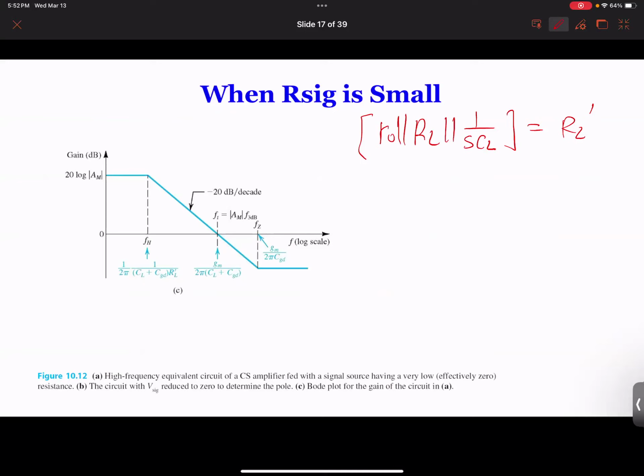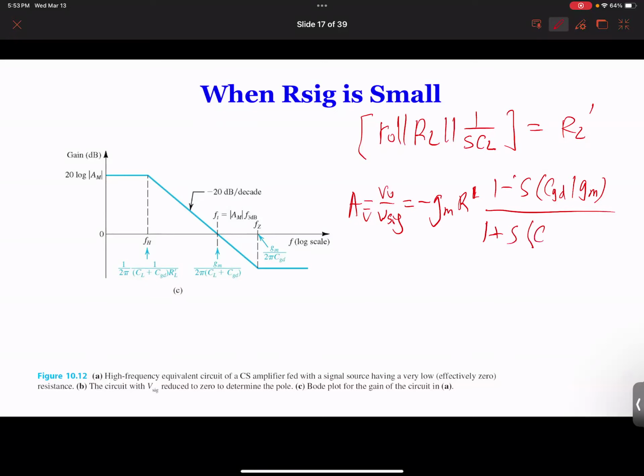So the final expression given is A equal to VO over VSIG. I'm going to write this equation so we can discuss what it means. gm times RL prime, times 1 minus s times CGD over gm, over 1 plus s times CL plus CGD times RL prime.